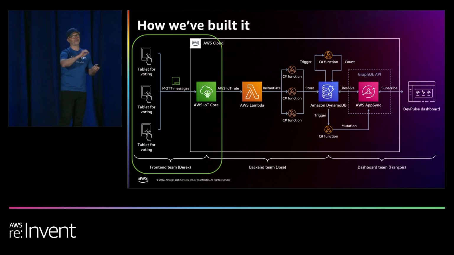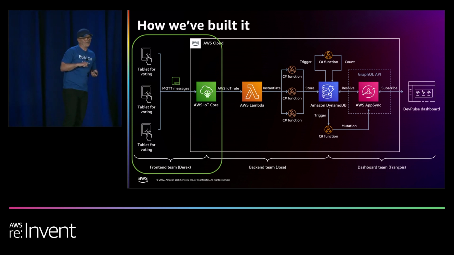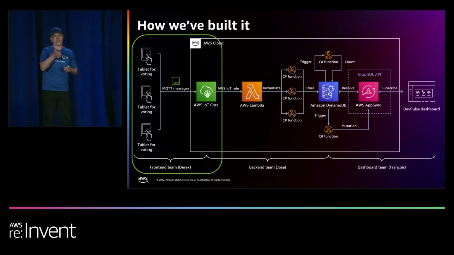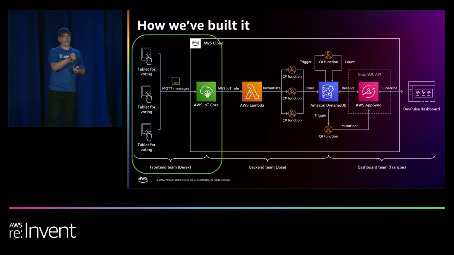Write code once, run it on many different platforms. So Xamarin came out, and then this year, .NET Maui was released, which is, I would call it, Xamarin 2.0. And what that cross-platform Maui app allows us to do is to run the application on the tablets. And how the application connects is using MQTT to AWS IoT Core.